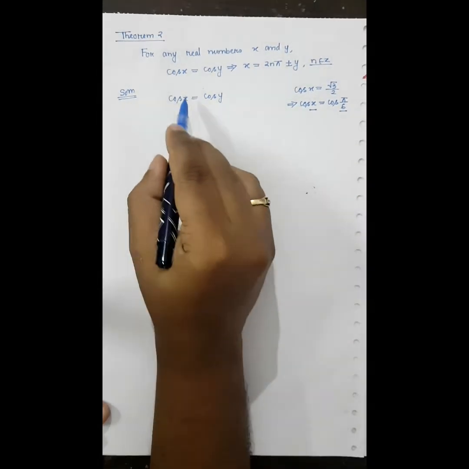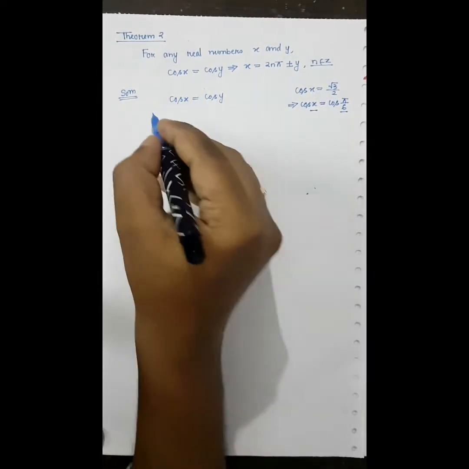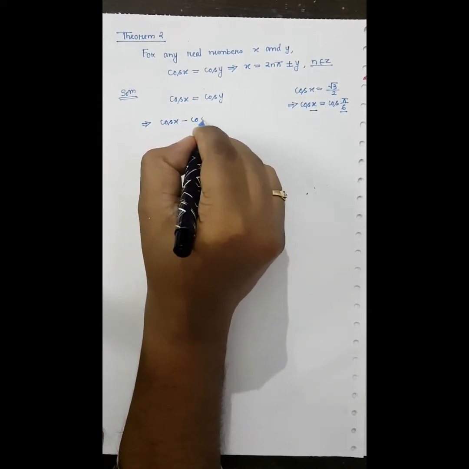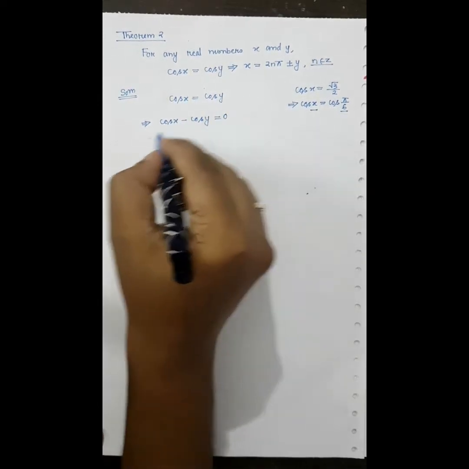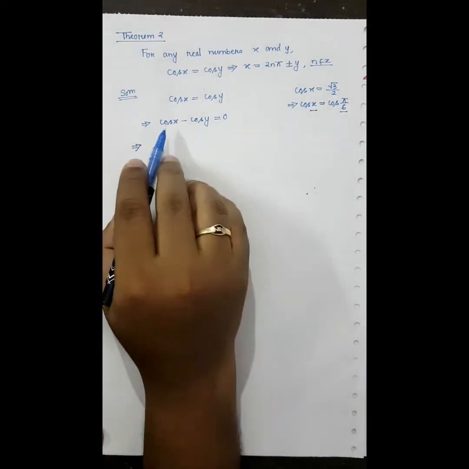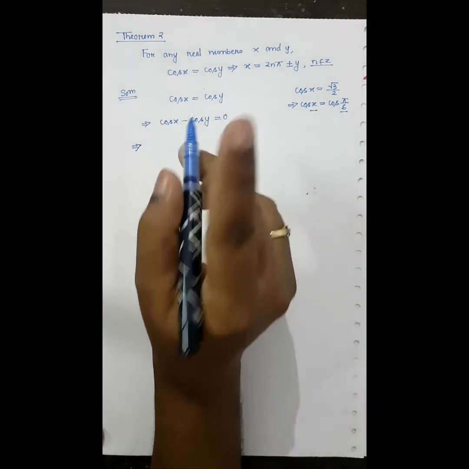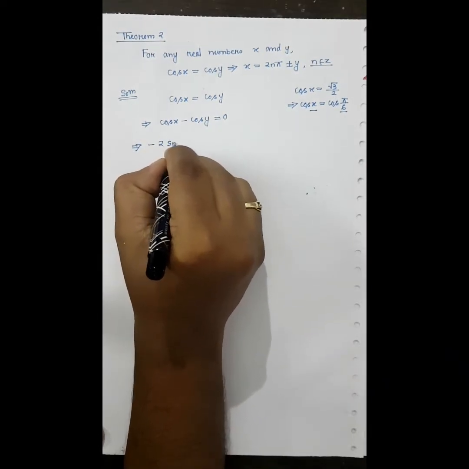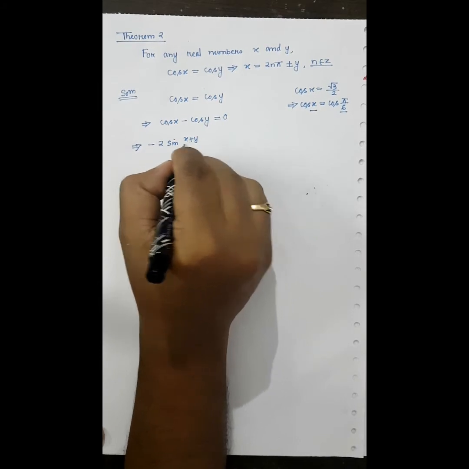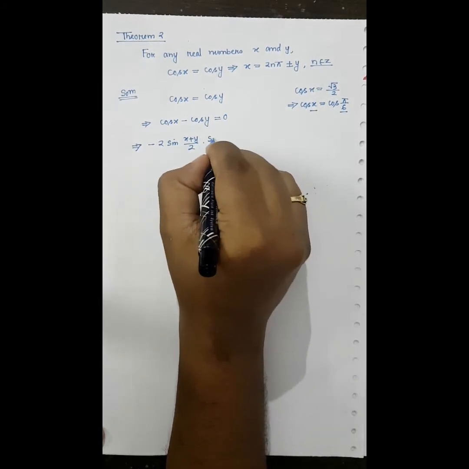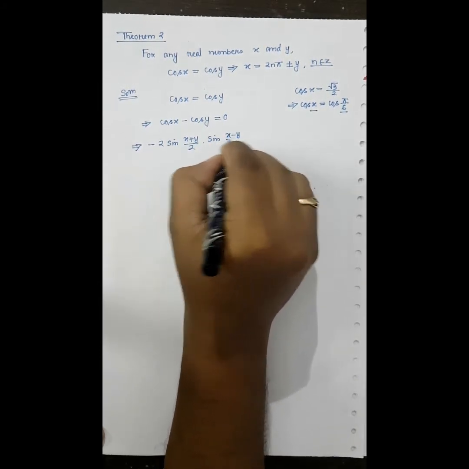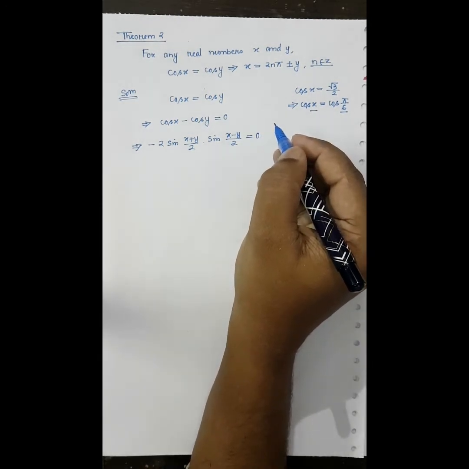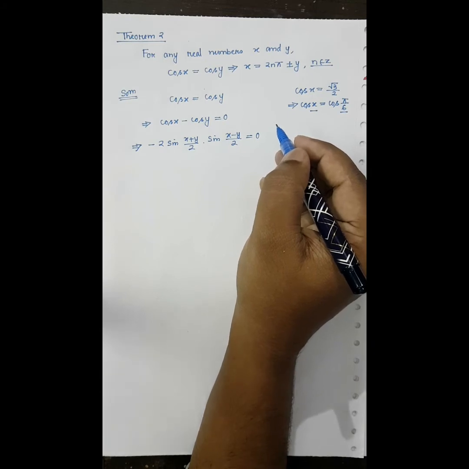So whenever you are given cos x is equal to cos y, we can write cos x minus cos y is equal to 0. Now using the formula of cos c minus cos d, there are two formulae. The first one is minus twice sin (c plus d by 2) into sin (c minus d by 2), and the second one is 2 sin (c plus d by 2) into sin (d minus c by 2).